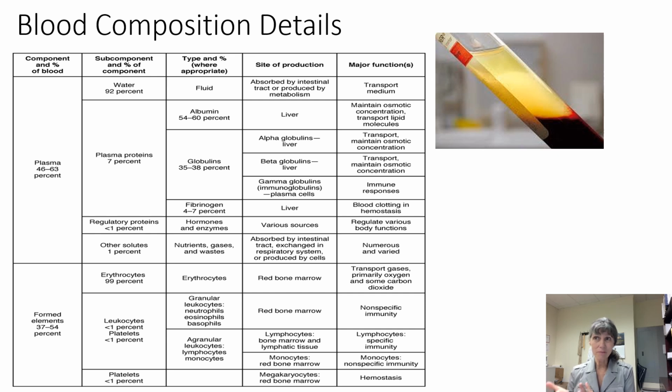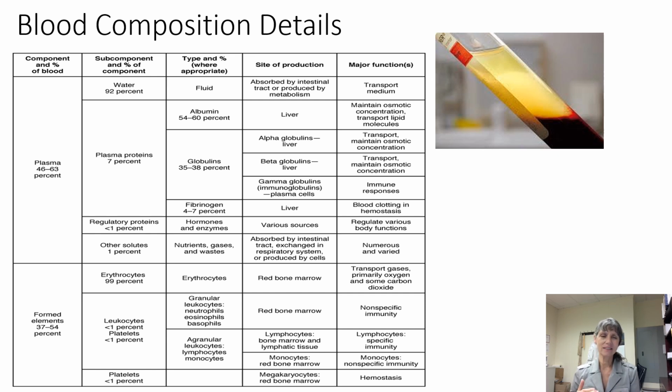Remember that the white buffy coat of a centrifuge sample consists of white blood cells and platelets, and that the biggest component of plasma is water, but we do have plasma proteins, albumin being the most abundant, and then globulin and fibrinogen. And you should know about the functions of those plasma proteins.